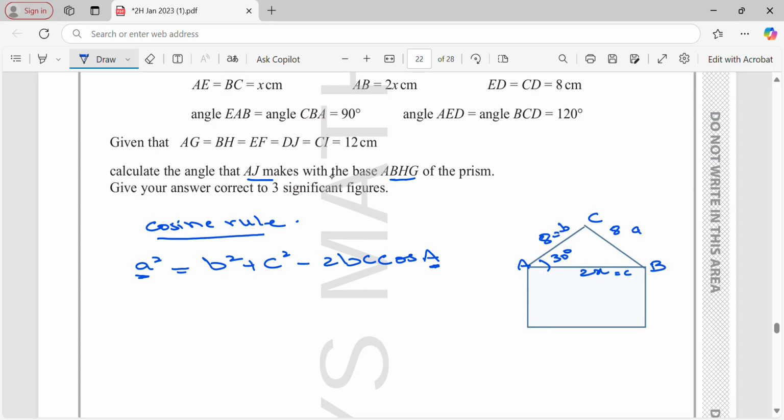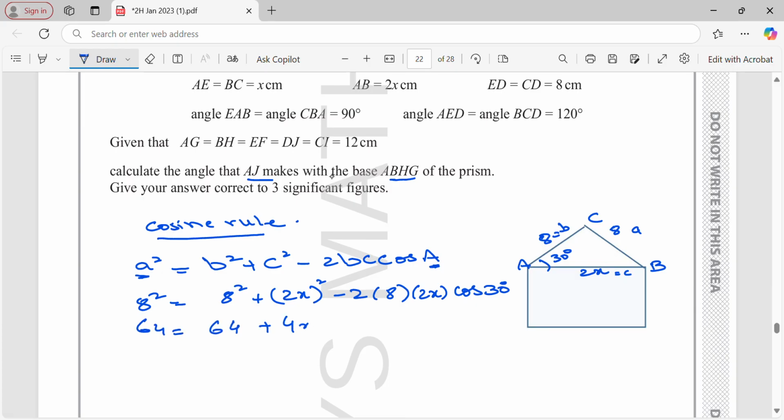I'm going to substitute it here. So 8 squared equals 8 squared plus C, which is 2x, squared, minus 2 times 8 times 2x times cos 30 degrees. That is 64 plus 4x squared minus 32x times cos 30, and cos 30 is root 3 over 2.